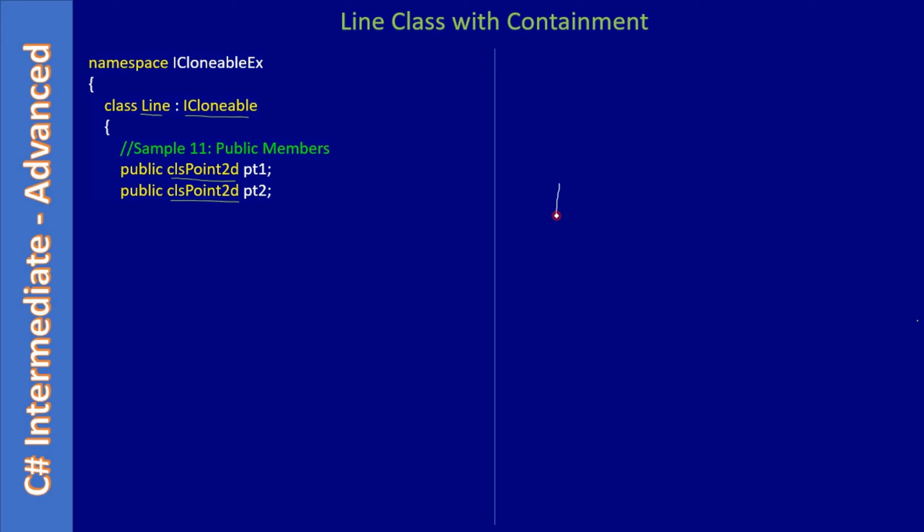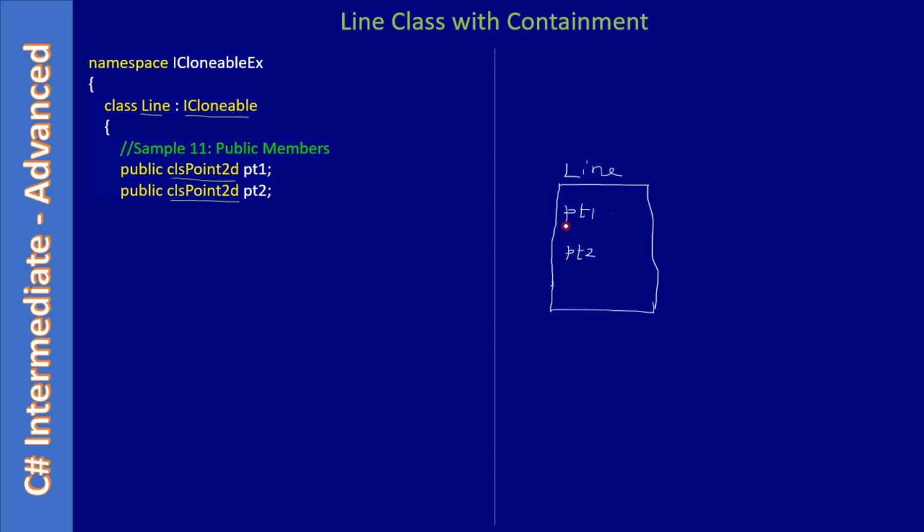So here if you see clearly, we have a Line class, and the Line class contains two reference variables. We say this is pt1 and pt2.